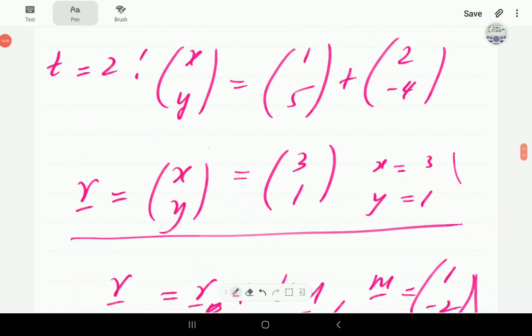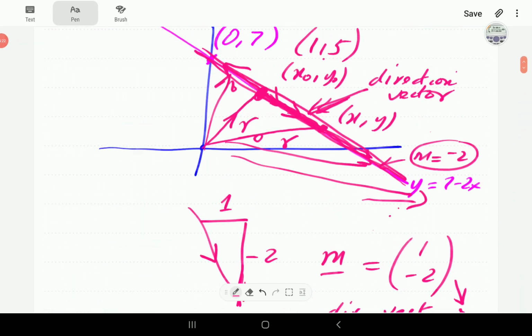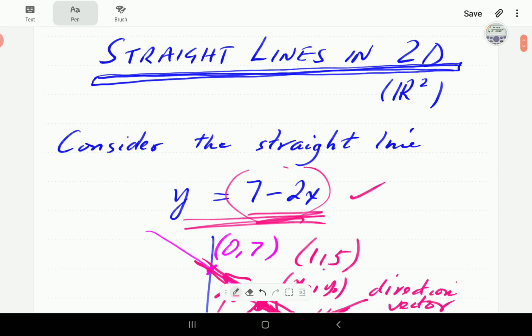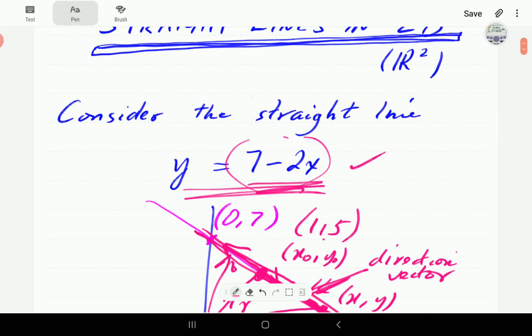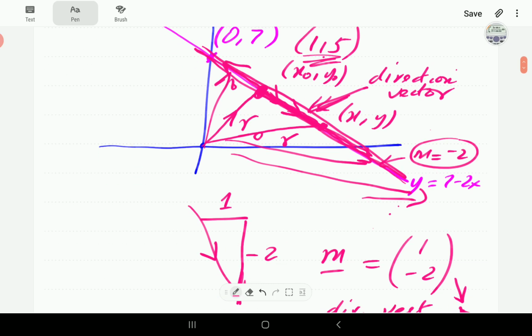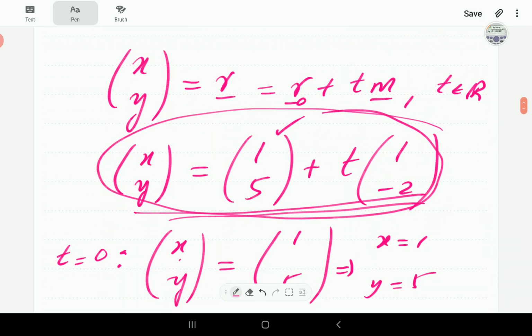Just going to mention two things, and then we are going to generalize. The point (1, 5) we chose randomly, so choosing another point should not change the equation.